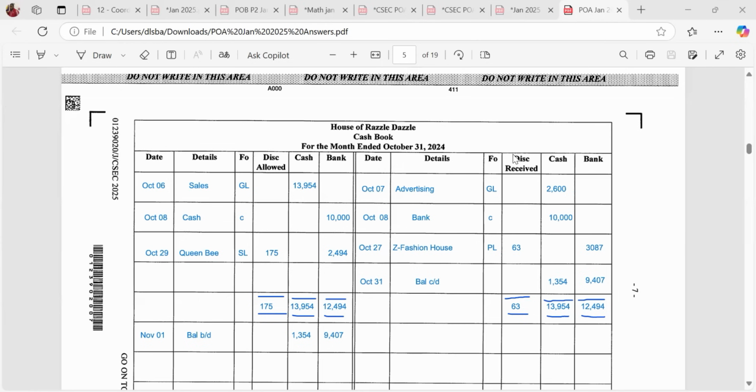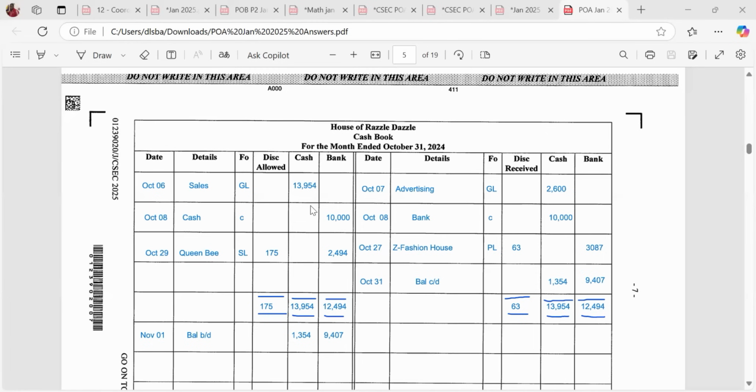So your balance carry down always goes on the side that's smaller. So for your cash columns, the balance carry down will be going on the credit side because the credit side will always be smaller or at least equal to the debit side. So I go to the credit side, I put the date, October the 31st. The details is the balance carry down, BLC/D, and the amount is the difference between the two sides.